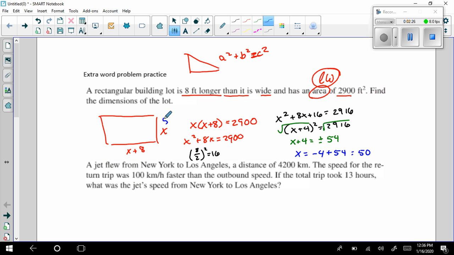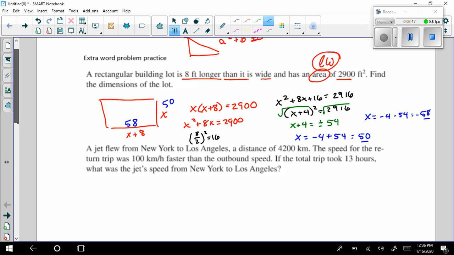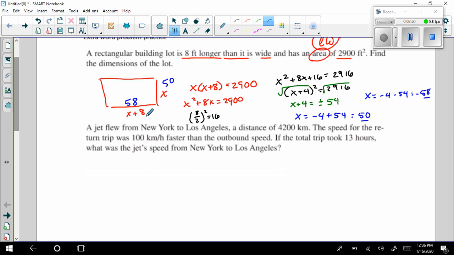That represents this length right here, which means that this is 58. If you do negative 4 minus 54, you get negative 58, just its opposite. That's how we had the x represented. So this is a 50 by 58 foot lot.